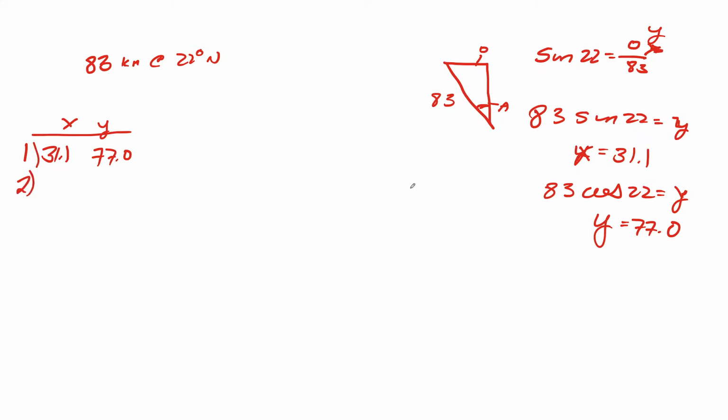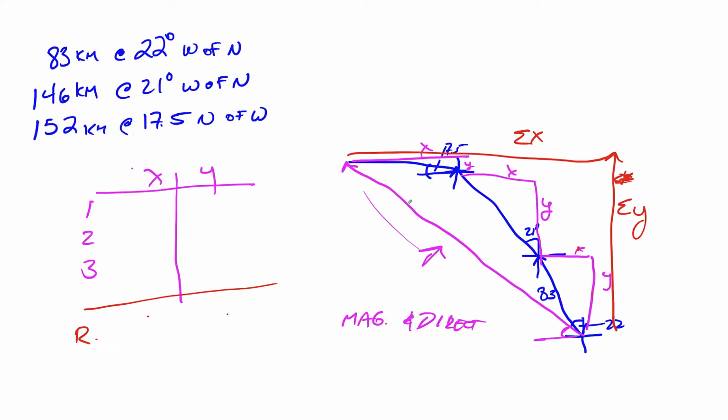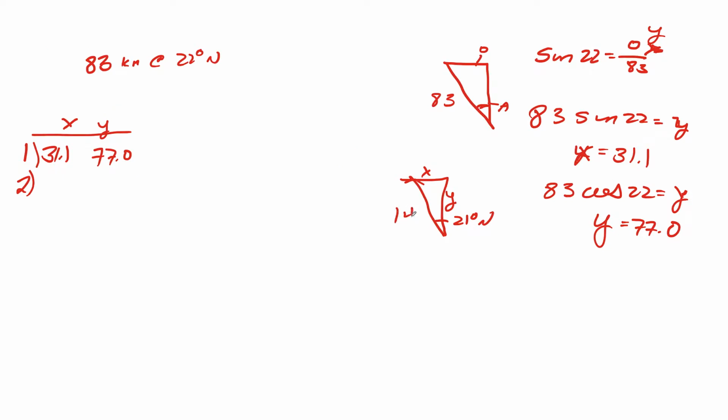So my x and y components for vector 2. Make sure I label this right. This is 21 degrees, and this vector, if I think, is 146. So we just take 146 times the sine of 21.